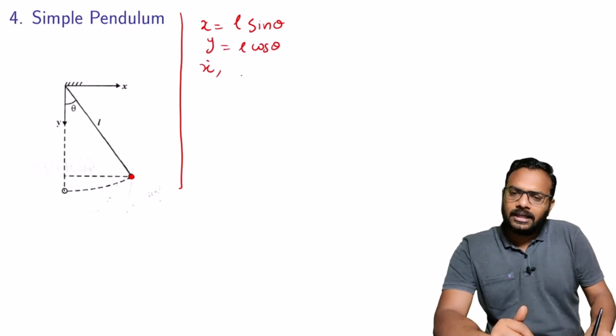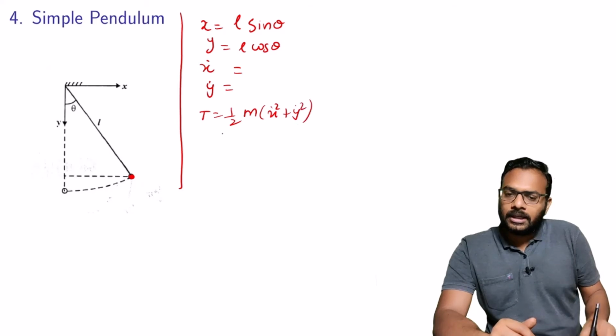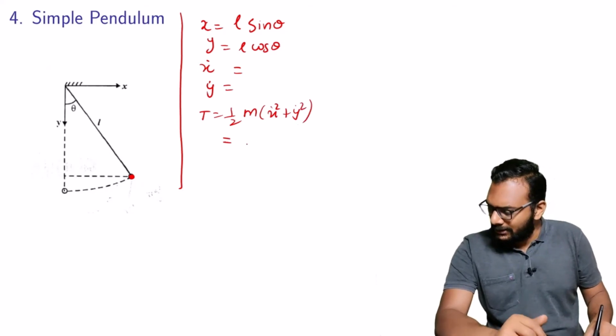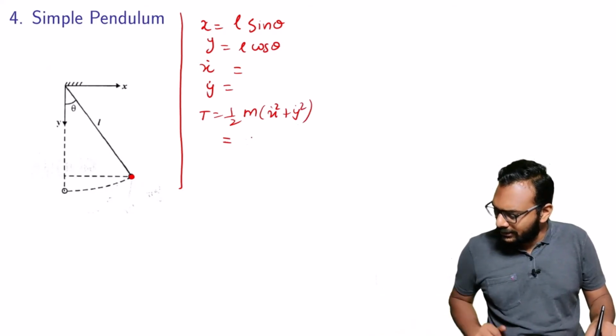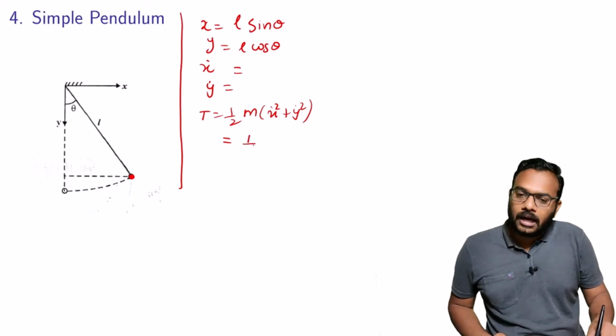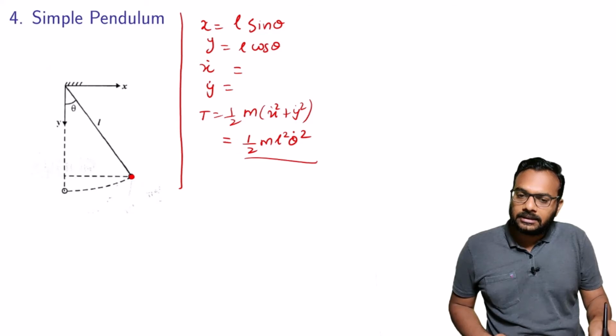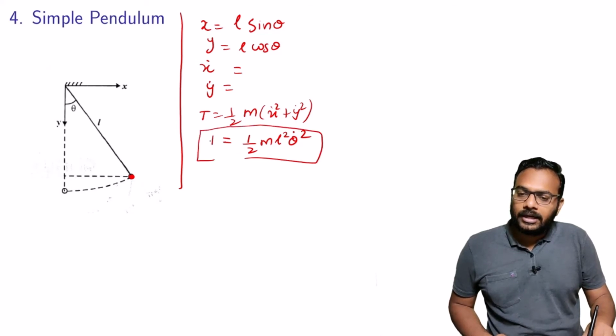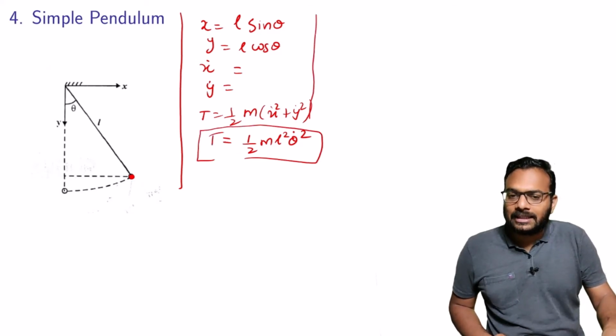You can find x dot and y dot, and T equals half m (x dot squared plus y dot squared). You will see that the kinetic energy is half m L squared theta dot squared. I did not do all these steps because there is an easier way.